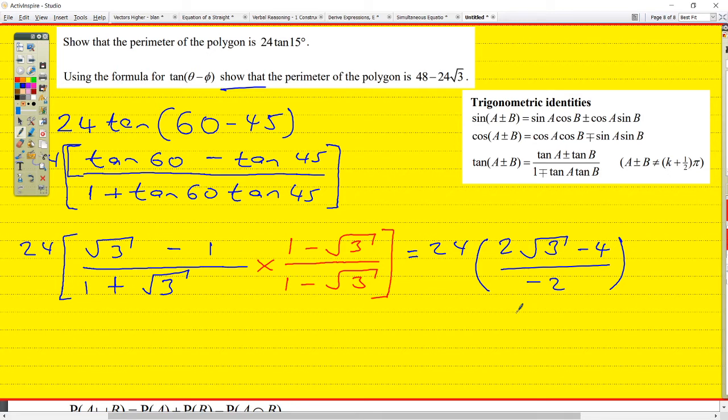So on the top you would have 2 bracket root 3 minus 2. And then multiply by 24. So then you have 24 root 3 minus 48. But you could just multiply through by minus 1. It's 48 minus 24 root 3. It's because it's all over minus 1. Okay. So that's equal to 48 minus 24 root 3.